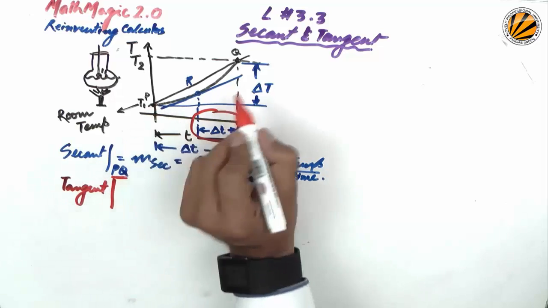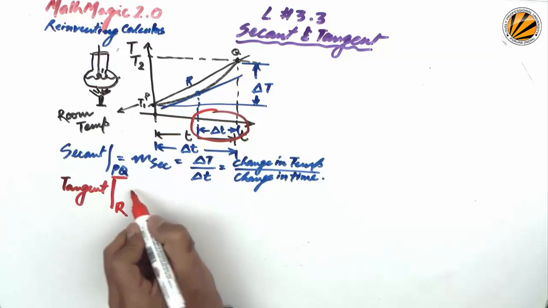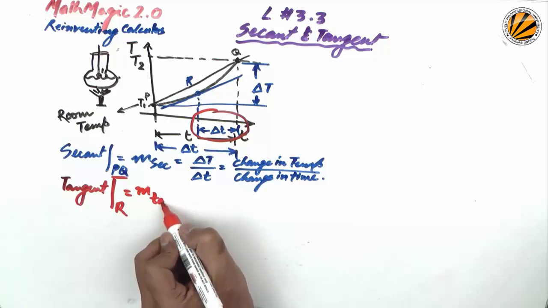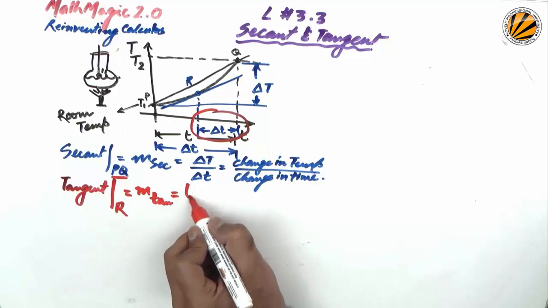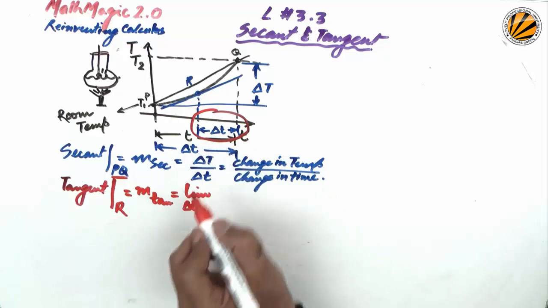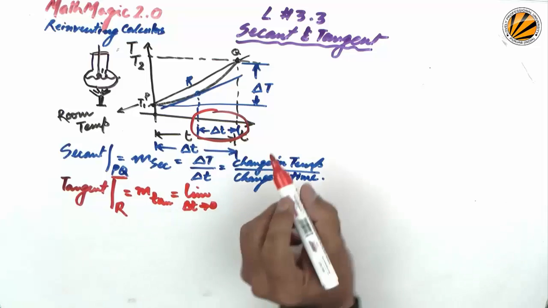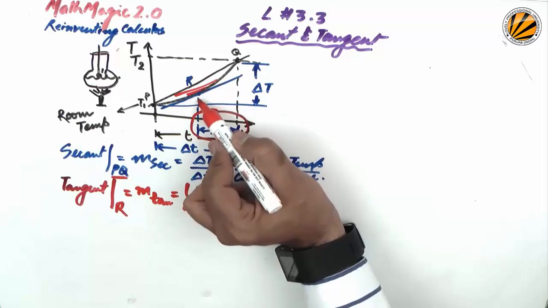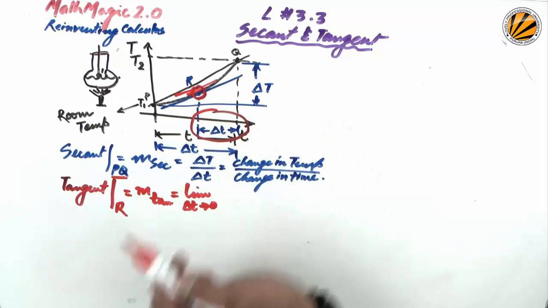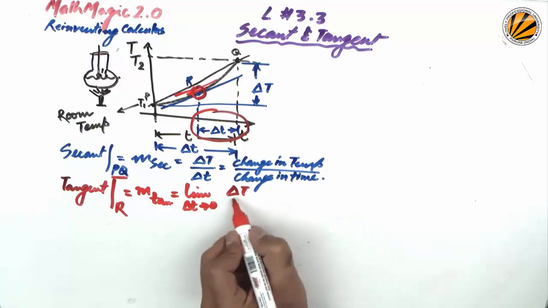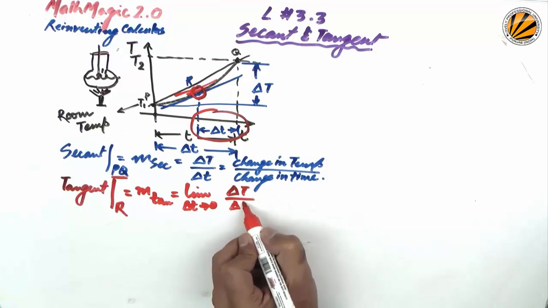This is not between 2 points P and Q, this is at point R. Now this slope, the slope of the tangent m, as we already know, is the limit as delta t, the change in time, tends to 0, of delta T, the change in temperature, divided by delta t, the change in time.